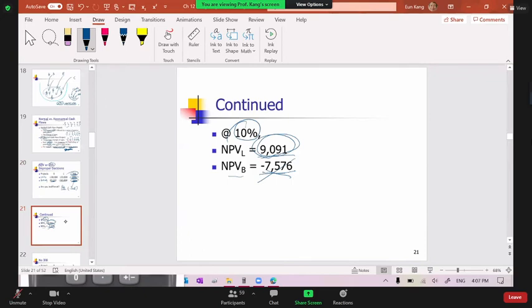So that's definitely bad. Net present value is negative. So net present value shows you the clear sign. Okay, it's negative. So in that case, the net present value rule is better.